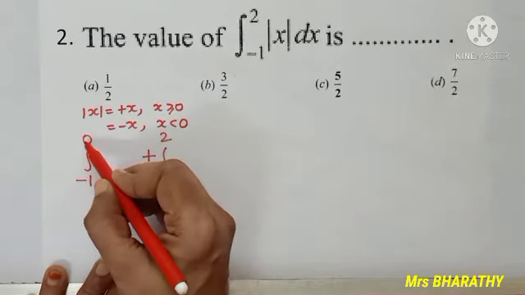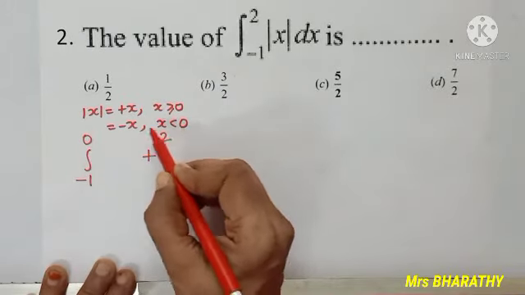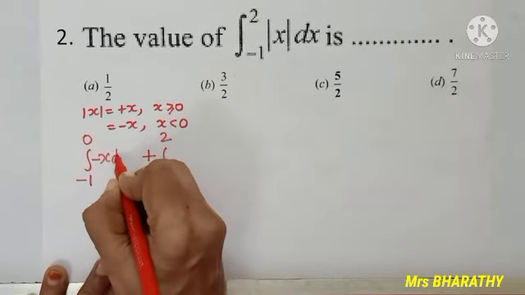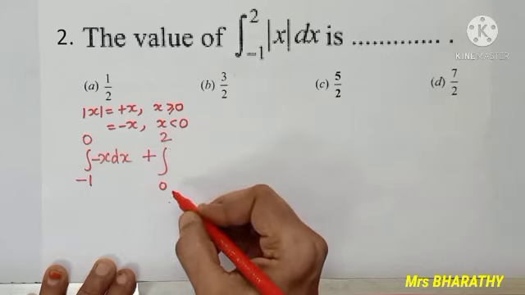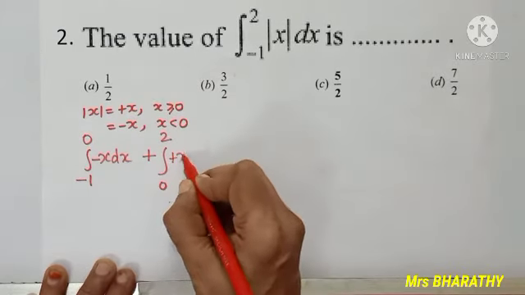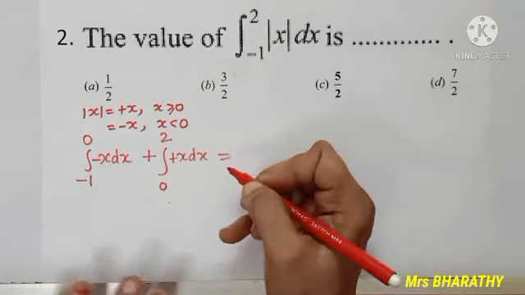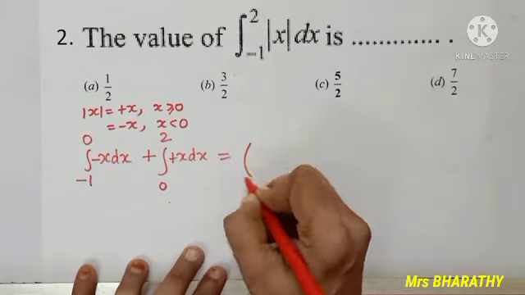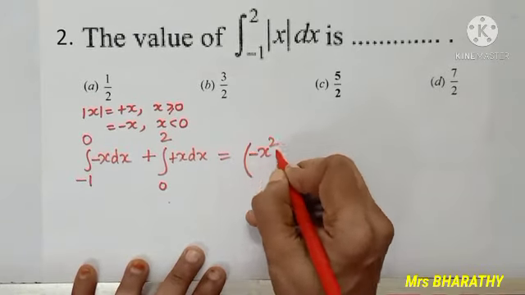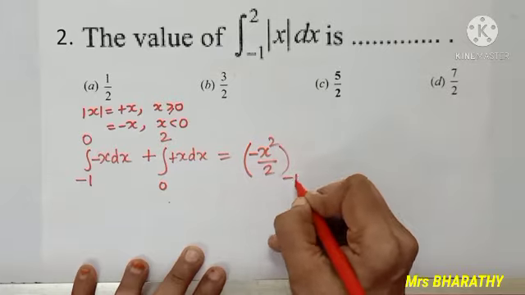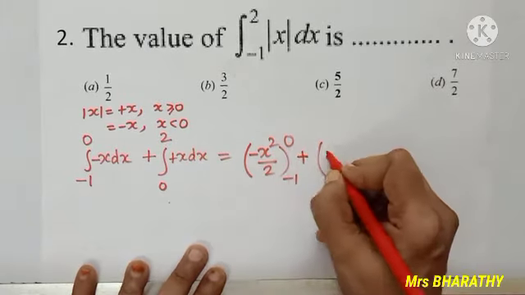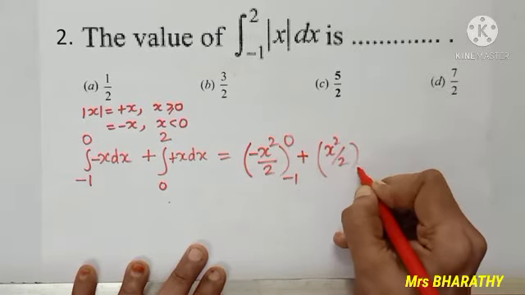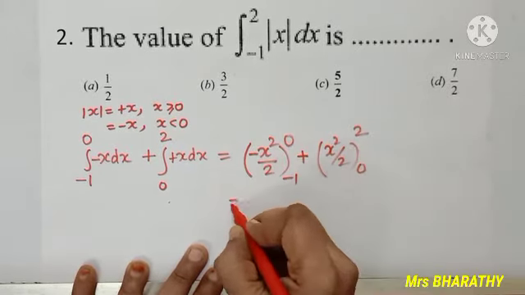Minus 1 to 0, it is negative, so put minus x dx. 0 to 2, x is positive, so put plus x dx. As we integrate, minus x becomes minus x square by 2 between minus 1 and 0, plus x becomes x square by 2 between the limits 0 to 2.